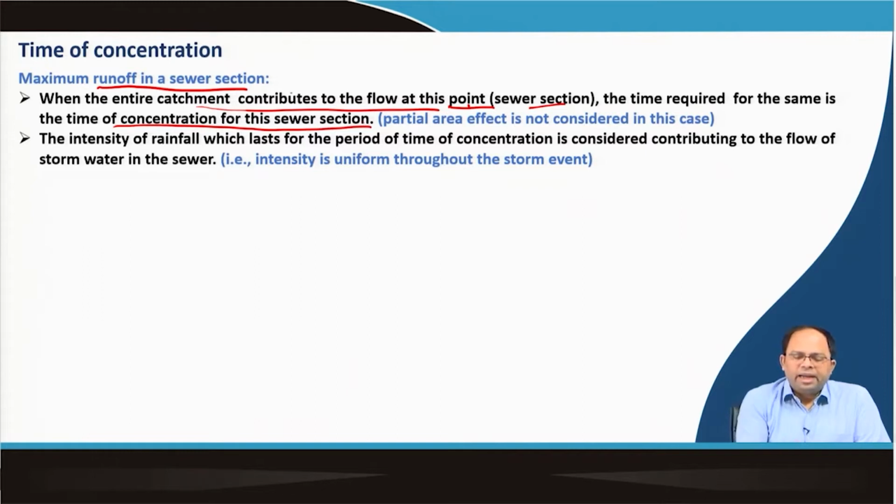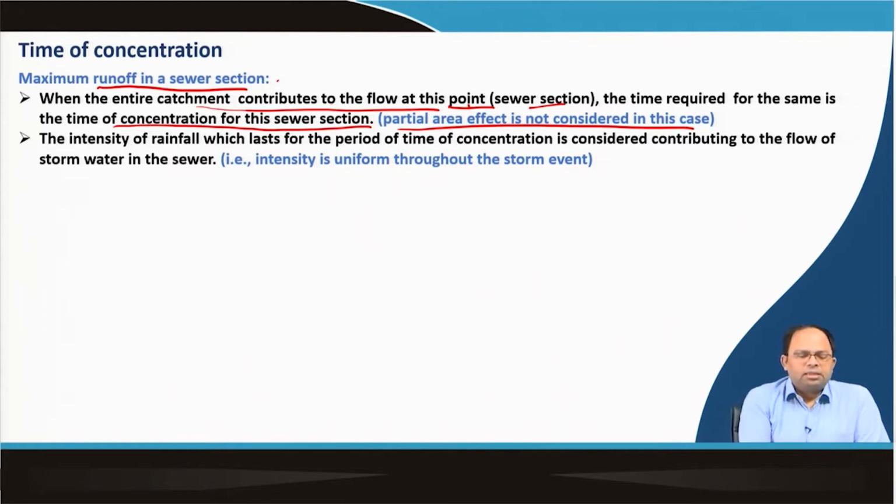So, when the entire catchment contributes to the flow, in this case partial area effect is not considered. If I considered partial area effect, maybe even though the entire catchment does not contribute, it may also have the maximum flow, but the idea is we need to determine the maximum runoff in the sewer section. So, in most cases the entire catchment will contribute.